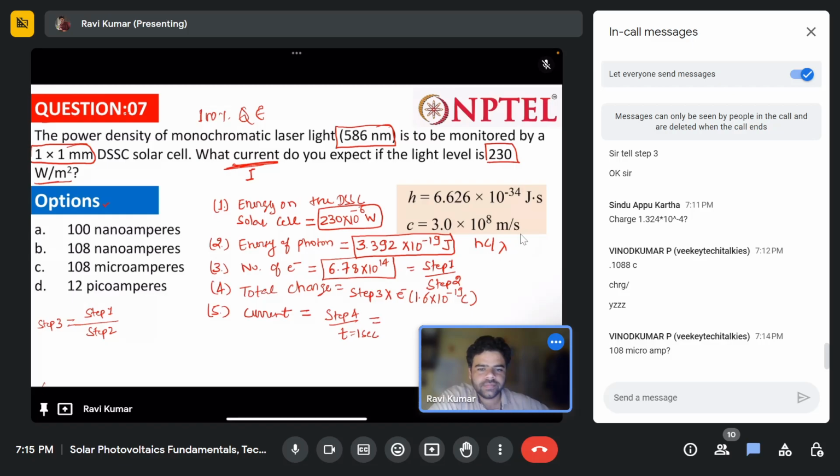Very simple. We have done step 1, 2, 3. For step 4, any answer here? It should be 1.08 into 10 raised to the power minus 4 coulomb.